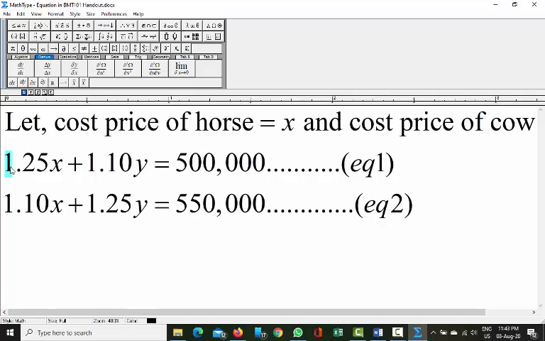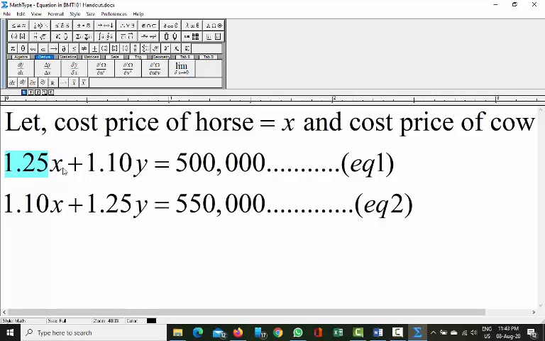So with cost 1 taka and profit 25 paisa, the sales price is 1.25 taka.